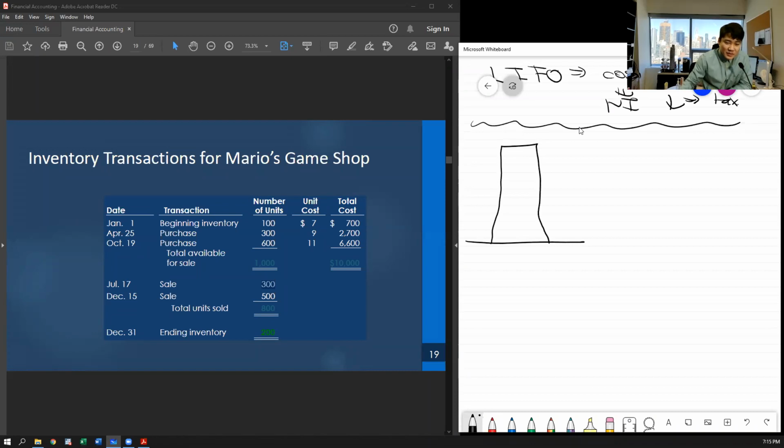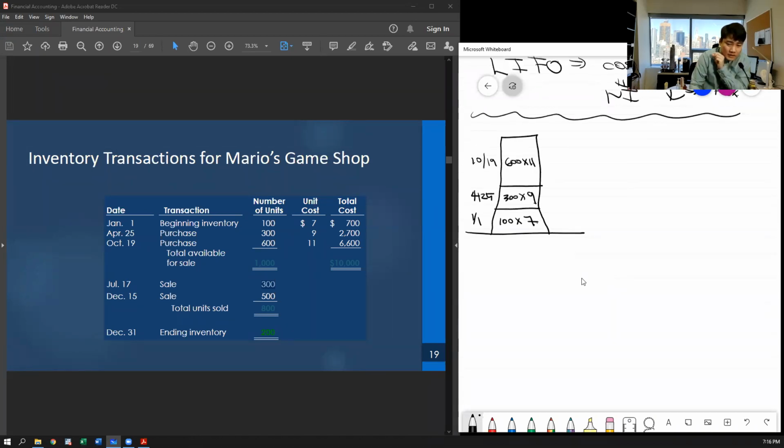Here on January 1st, you have a beginning inventory of 100 units at $7. On April 25th, you have another stack of inventory, 300 units at $9. And on October 19th, you have another stack of 600 units at $11. So that's going to be your starting point.